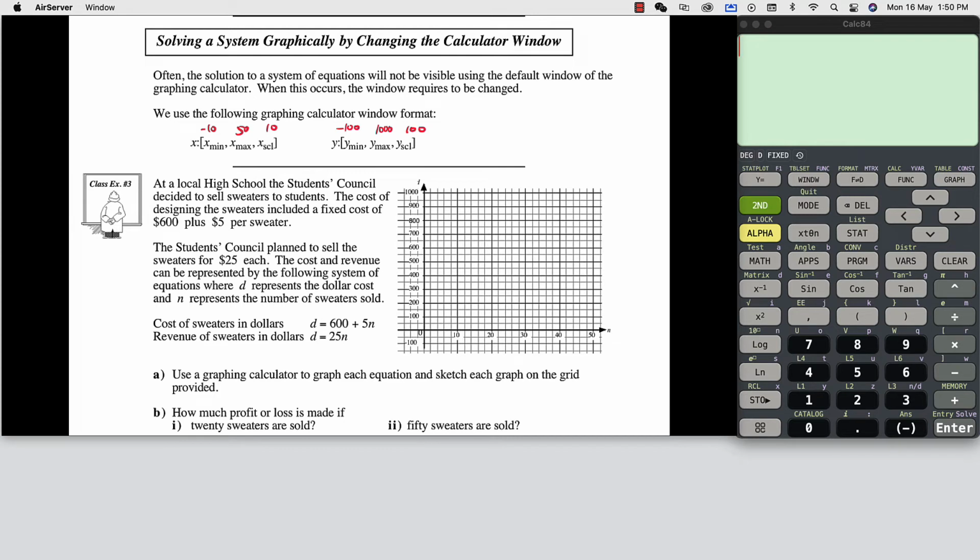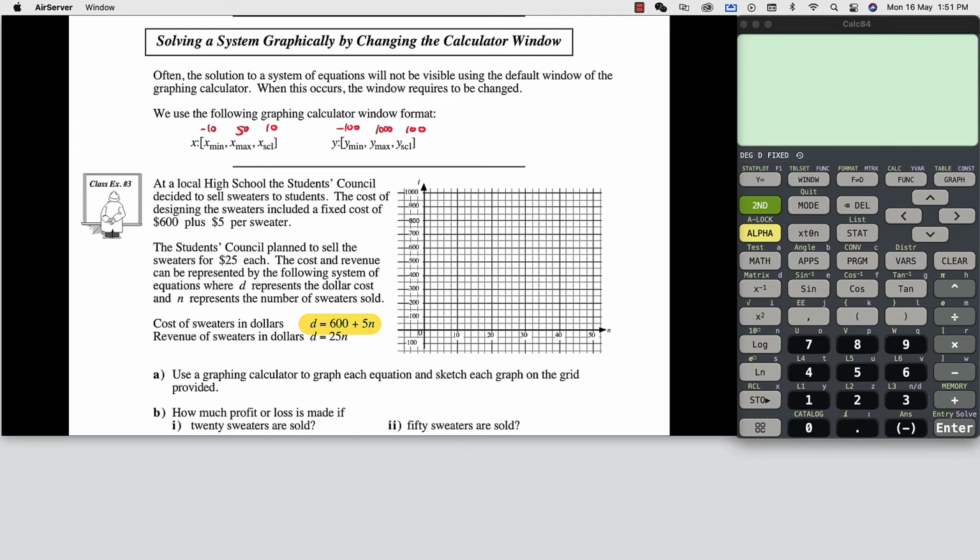Okay, so it says that the cost of designing the sweaters is going to be this formula right here, D equals 600 plus 5N. So that means they're paying $600 to a company just to get all set up and have them do the job, and then they're going to pay an extra $5 for every sweater.